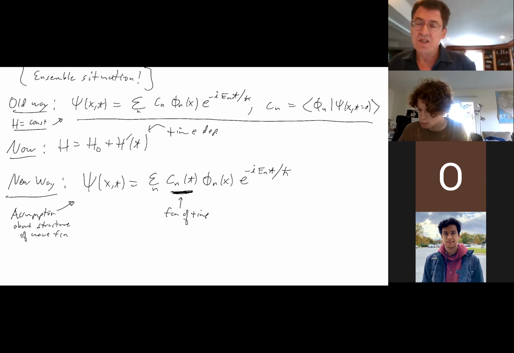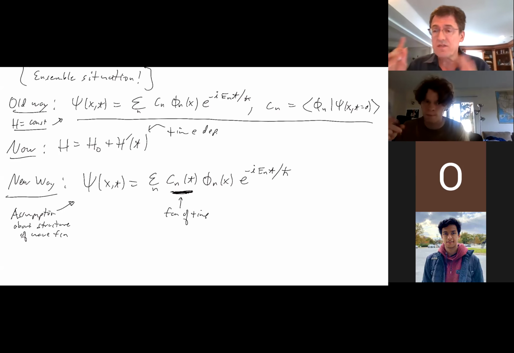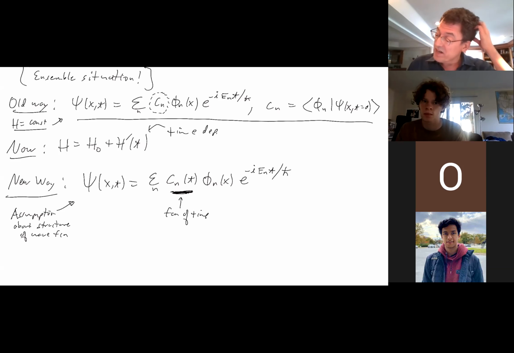Okay, and so it still looks a lot like separation of variables, but we're adding this new degree of freedom, and so it's actually quite different from the old solution. When you think about it, the old solution just had a constant here, but we need to have here a function of time.